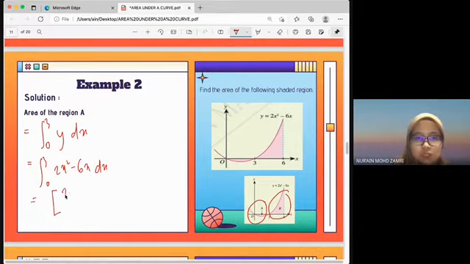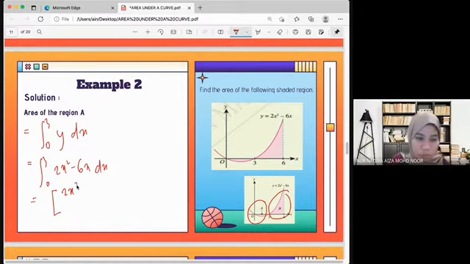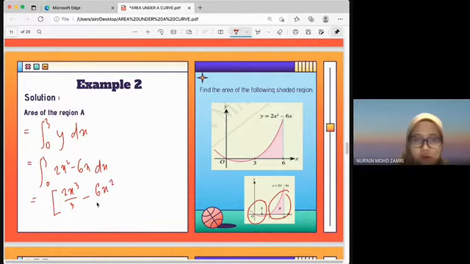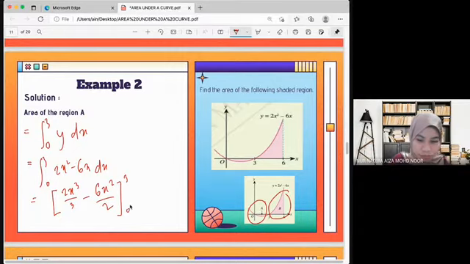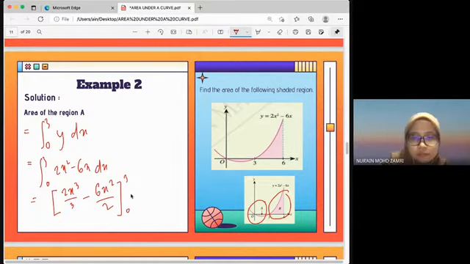You will get 2 times x cubed over 3 minus 6 times x squared over 2, close the bracket and put the limits 0 to 3. So you can just substitute the upper limit and lower limit.